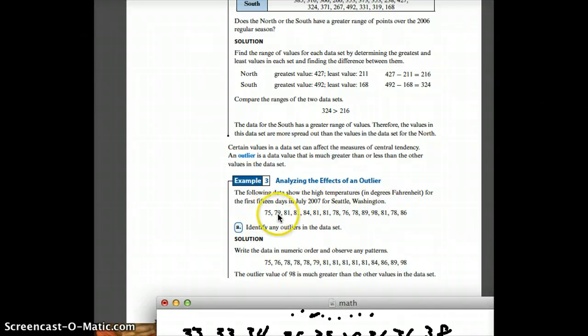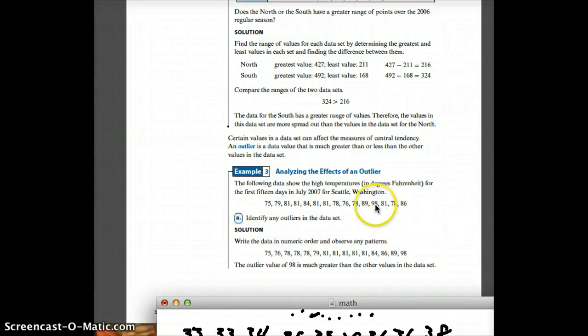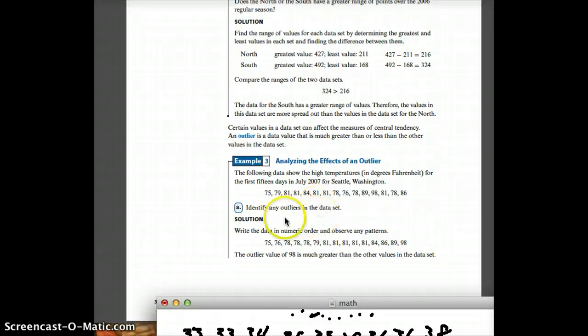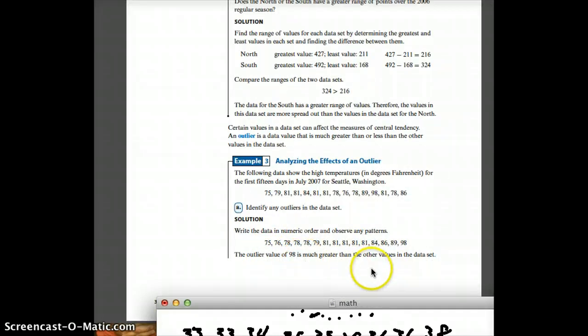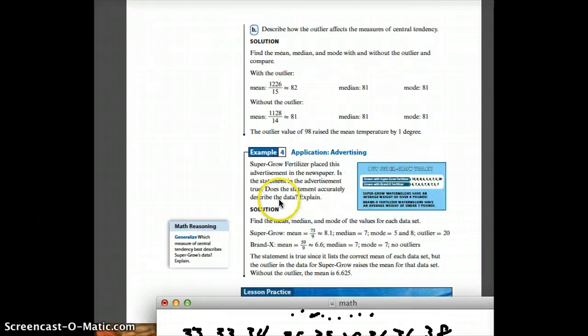We have 75, 79, 81, 81, 84, 81, 81, 78, 76, 78, 89, 98, 81, 78, 86, 98. None of the others are in the 90s. Identify the outliers. The 98 is much greater than any other values. If you had something much smaller, let's say we had 50, that would also be an outlier.